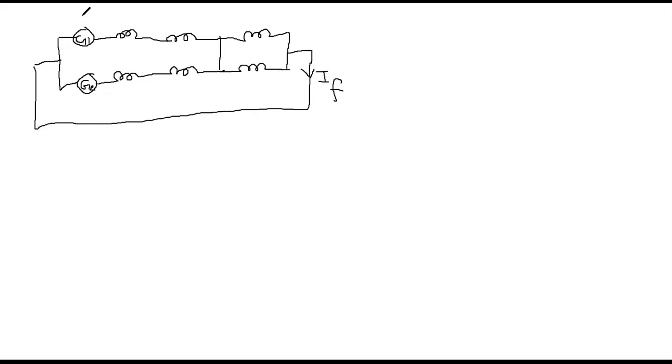So already we have determined that this is 1 at an angle 0. This is also 1 at an angle 0. This is J 0.15, and this is J 0.1. This is J 0.23.